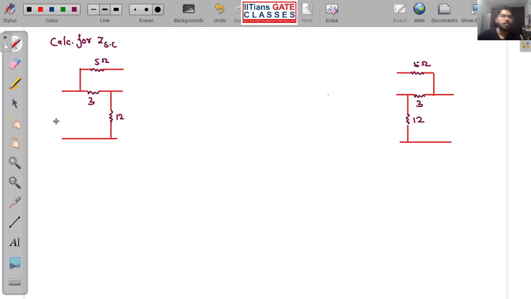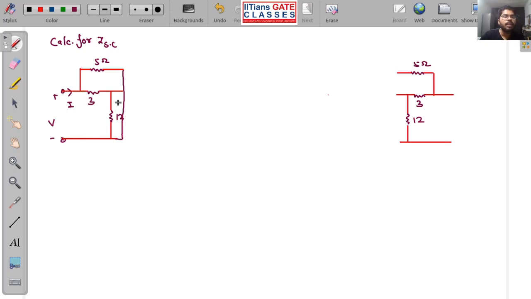So ZSC is what? It is equal to voltage by current when this is short circuited. Okay, when this is short circuited, I need to calculate. So now look very carefully, this is short circuited. So V by I I need to calculate.